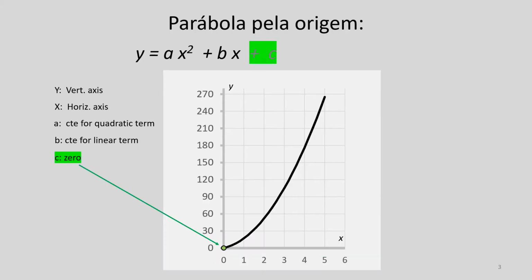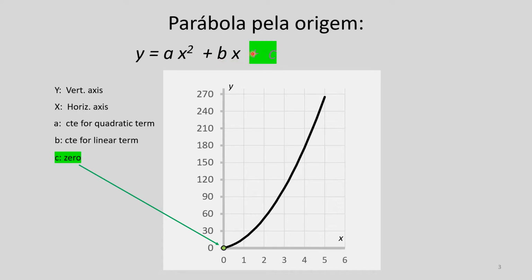So the idea is to relate the pressure flow relationship with the parabolic function. The general equation for a parabolic function on x is y equals ax squared plus bx plus c.